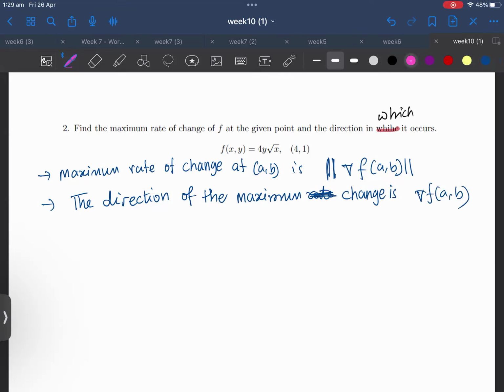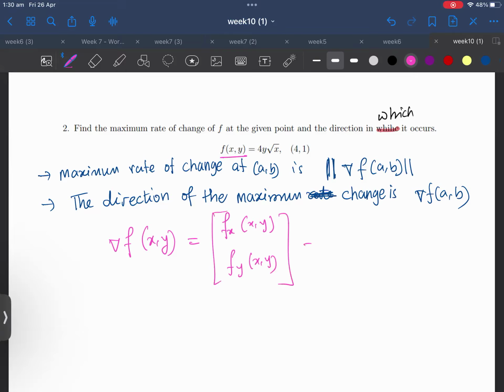So here, basically, you need to find out nabla f(x, y). So f_x(x, y) and f_y(x, y).